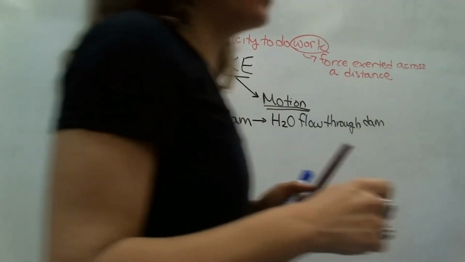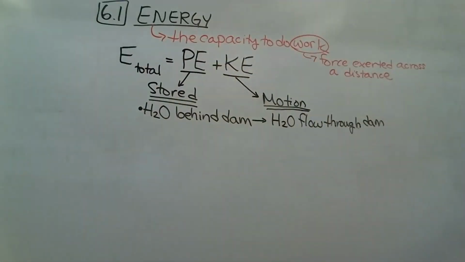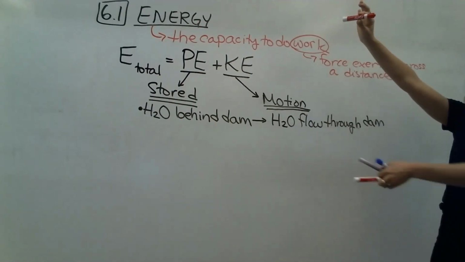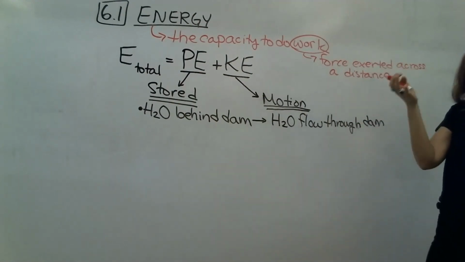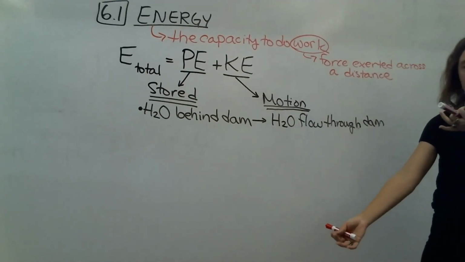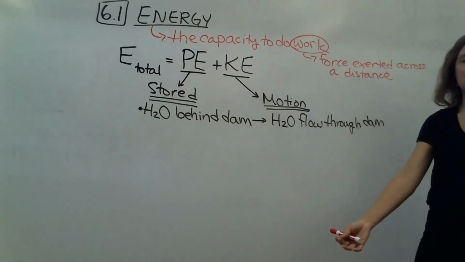Okay, so the water has to be suspended up higher than where it flows down in order to generate electricity, from stored to motion, potential to kinetic.